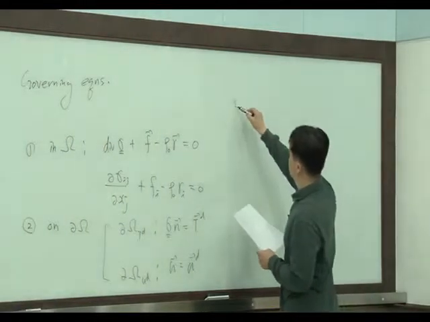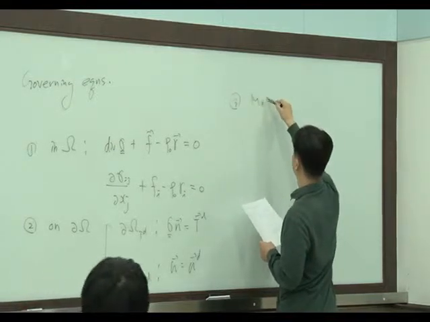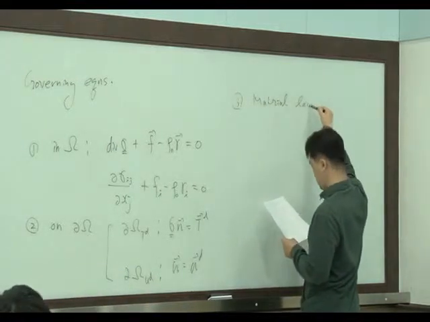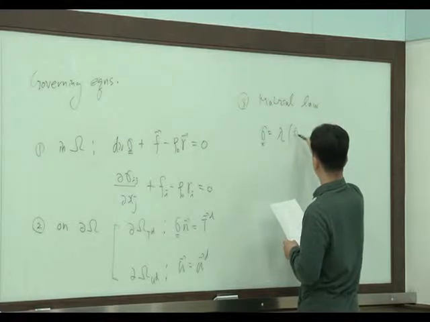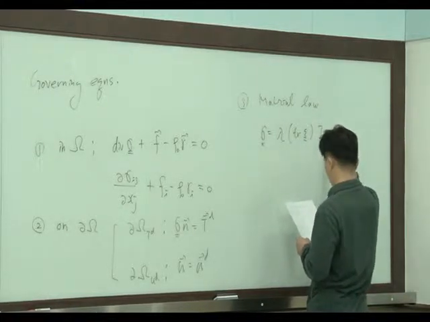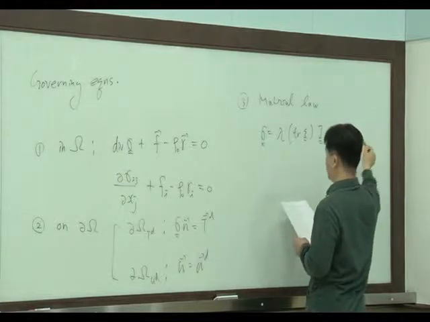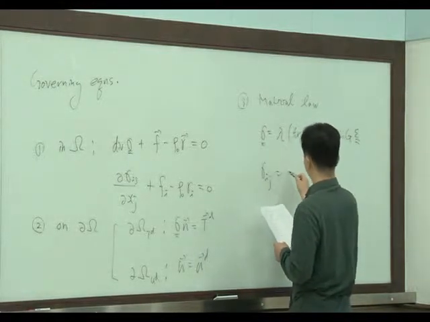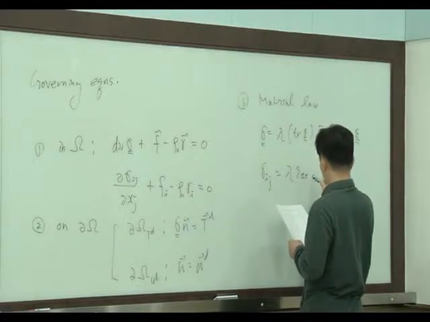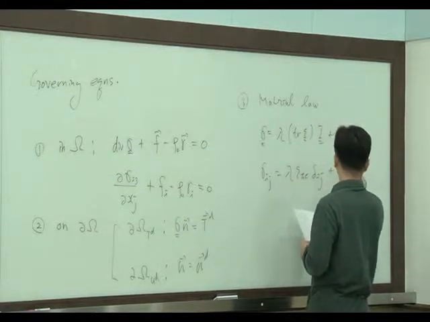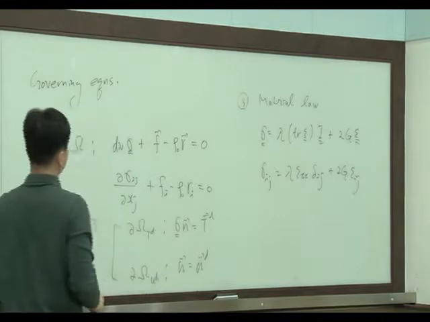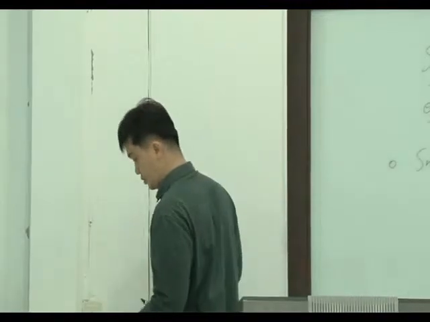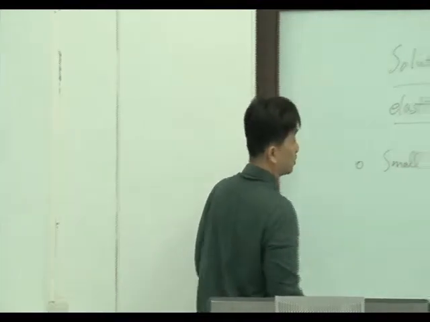And third, material law. Stress equals material constant, lambda trace of strain times I plus 2G strain, and in tensor form, lambda epsilon_KK delta_IJ plus 2G epsilon_IJ. Right?